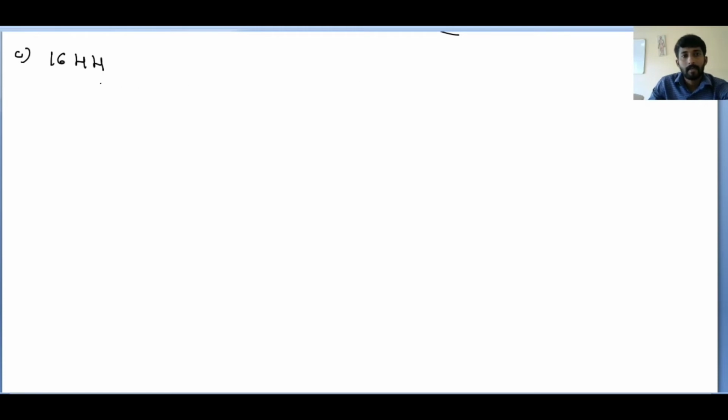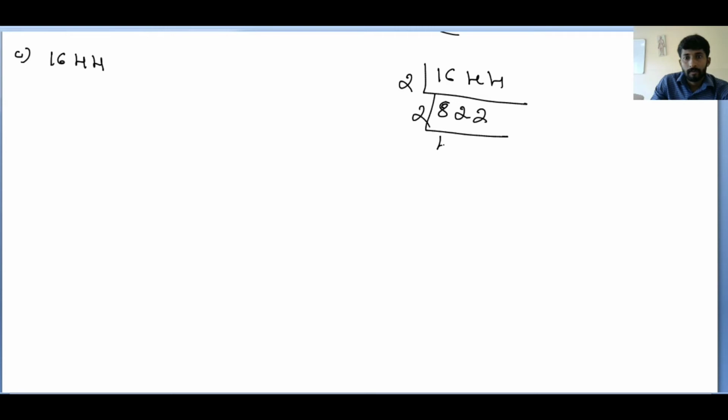First write the canonical representation of 1644. Here take 1644. Start with the least prime number, that is 2. 2 8s are 16, 2 2s are, here also 2 2s are. Then 2 4s are 8, 2 1s are 2, 2 1s are 2. Next 2 is not possible because 2 2s are 4, but we can't divide 11 by 2.